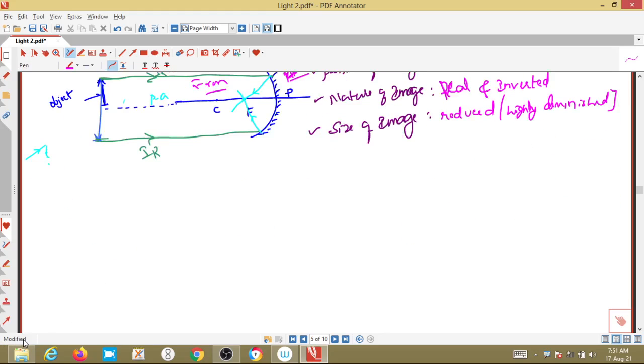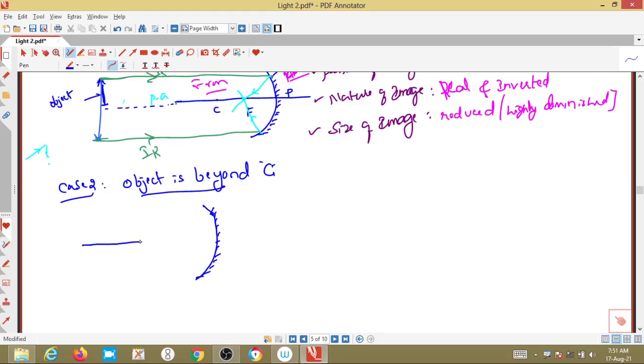Next, we will see the second case. This is the first case, we will go to the second case. When the object is beyond C. When we have placed the object beyond C, this is the point C, somewhere here we have placed, we will draw a ray diagram for that.